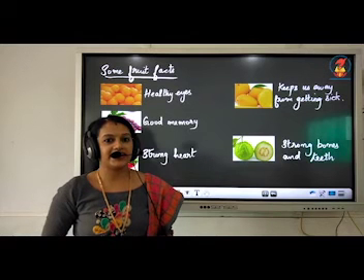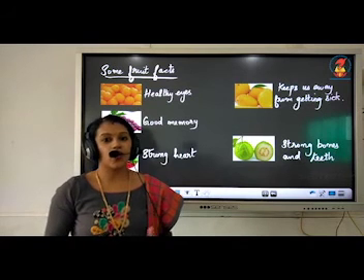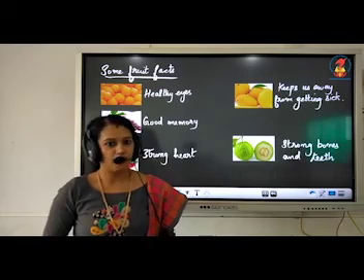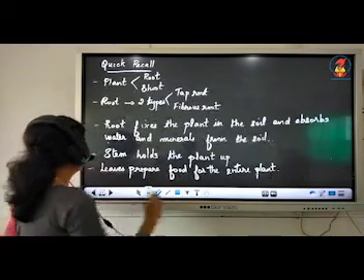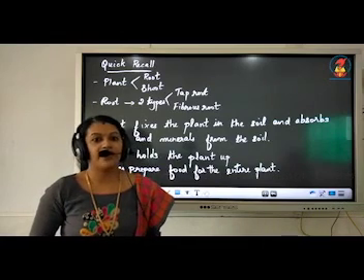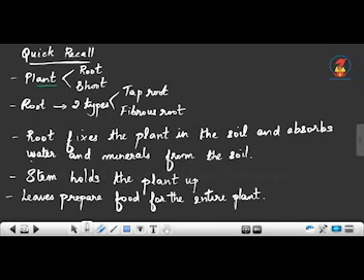So students, I hope this much is clear for you. Do your worksheets. So let us recall what all we have learnt in this chapter, parts of a plant. In the first section, you have learned that the plant is divided into root and shoot.